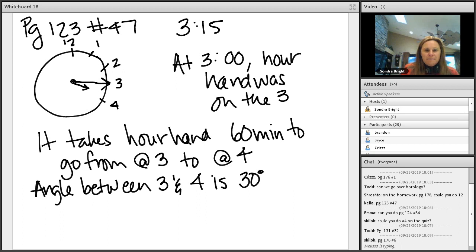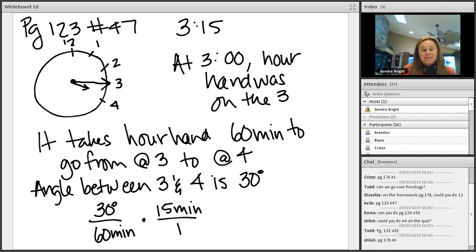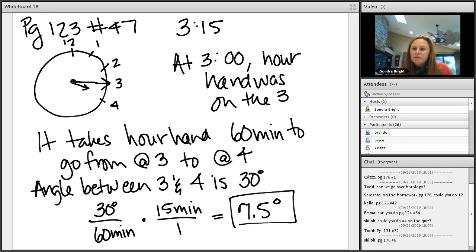So we've got that the hour hand will move 30 degrees in 60 minutes, but we've only traveled for 15 minutes because it's 3:15. So it's only 15 minutes out of the 60 minutes that it'll take to get there. And so you should get 7.5 degrees. 30 divided by 4, 7.5.